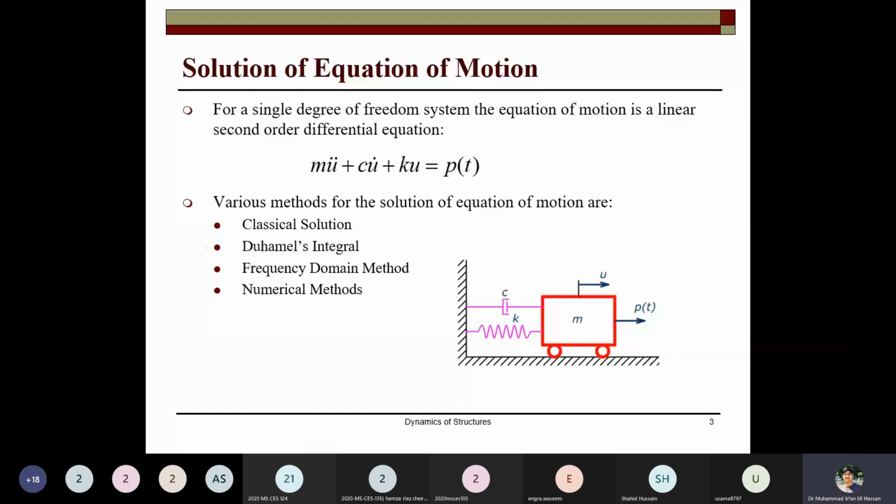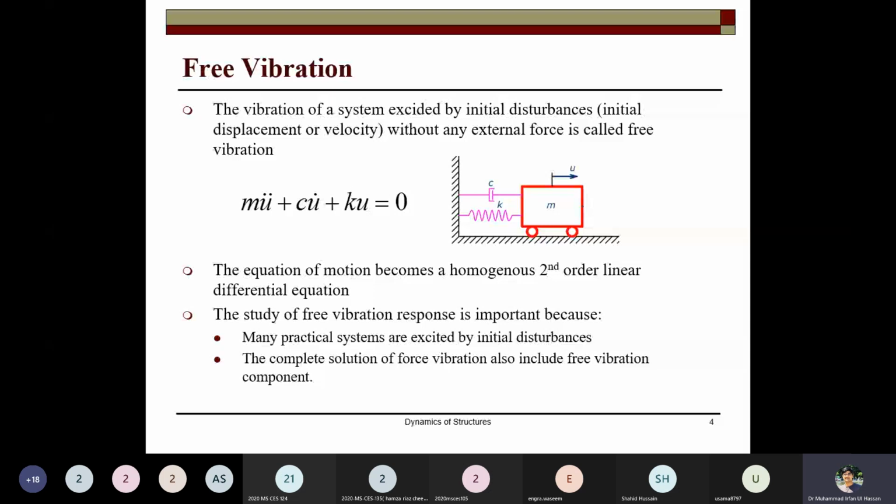The vibration of a system due to initial disturbances, initial displacement or velocity, without any external force is called free vibration. So here you have mu plus cu plus ku is equal to 0. This is called free vibration because the force is equal to 0.